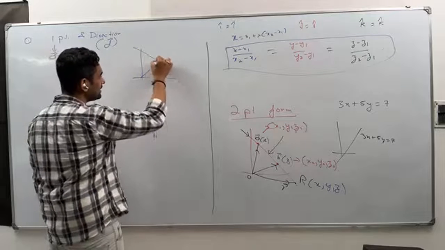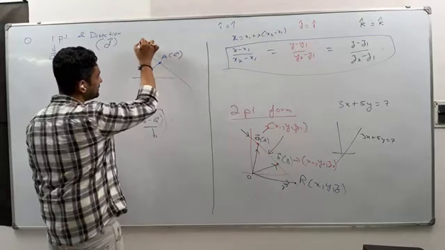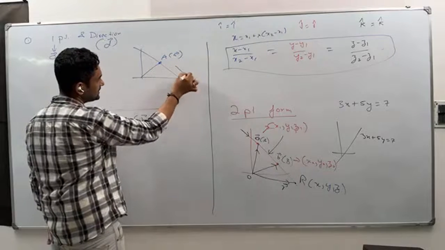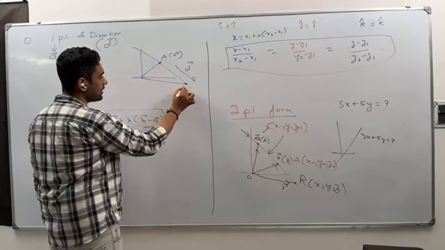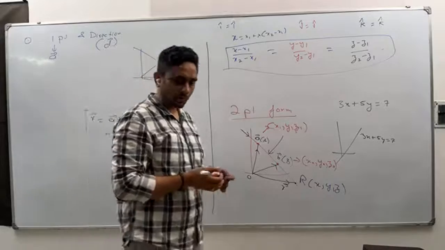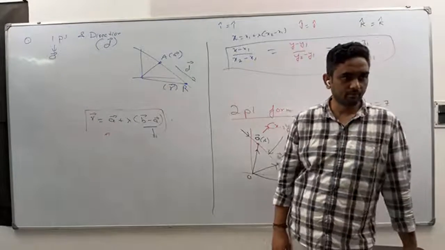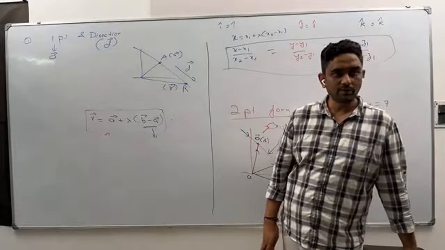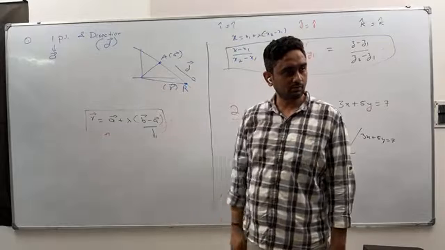A point on the line is given, this point A having vector A, and this direction D is given. We have to find the position vector of any random point R on the line when a point is given and direction is given.